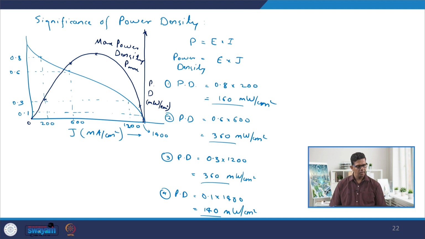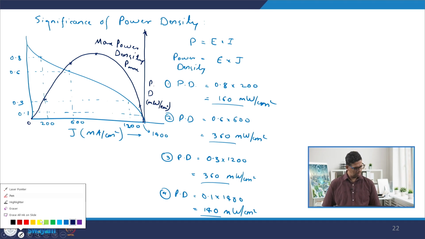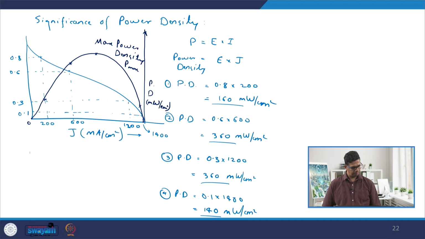This P max, as we understand, is the point where your ohmic zone is about to get over and we are entering the mass transfer zone. If we draw this correctly, this is my IV curve and the power density curve looks like this.